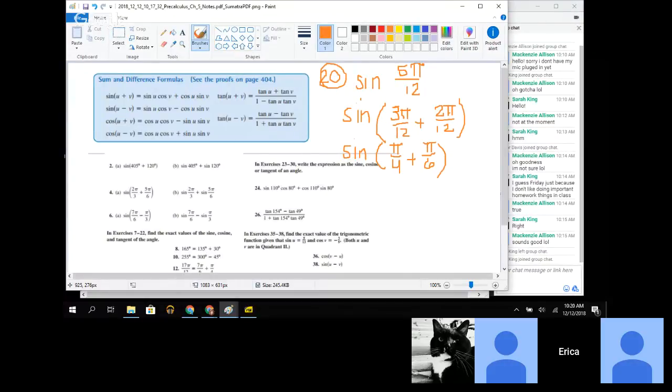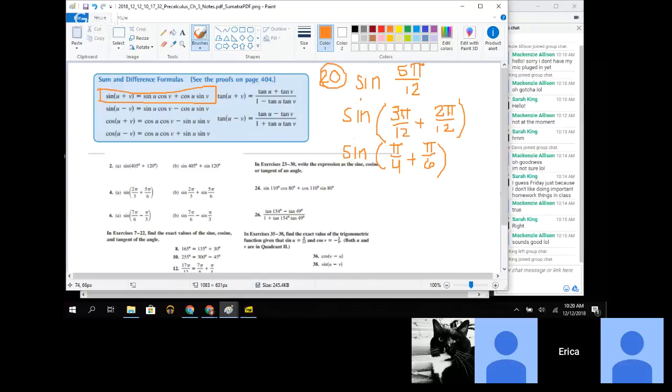So I basically want to find the exact value of that, and I can use the sum formula.